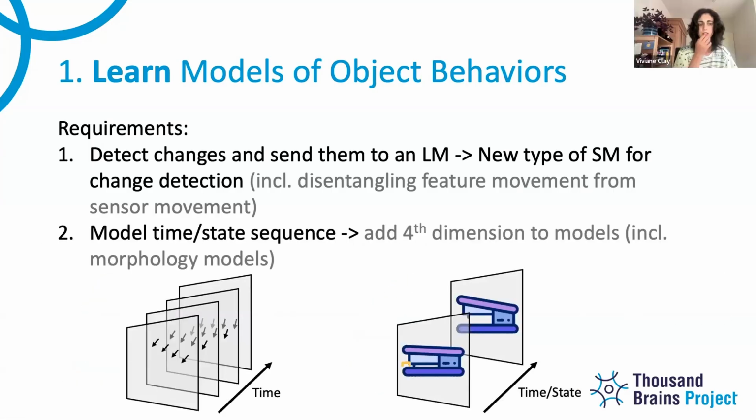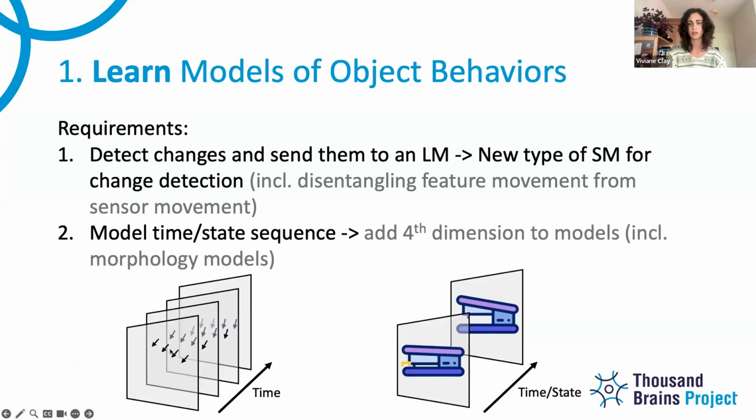So then the second big change that would need to be made to Monty is to the learning module, which is to include time or state in the models that a learning module can learn. So basically a fourth dimension in the models.